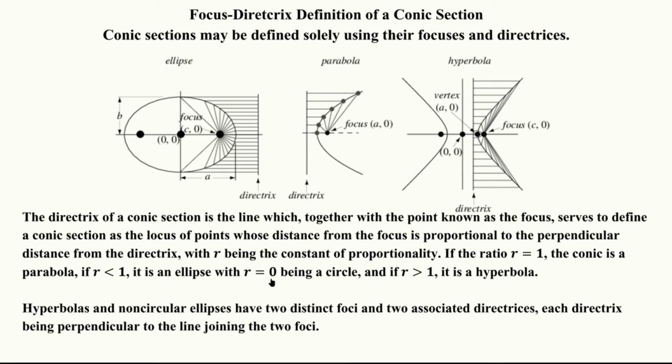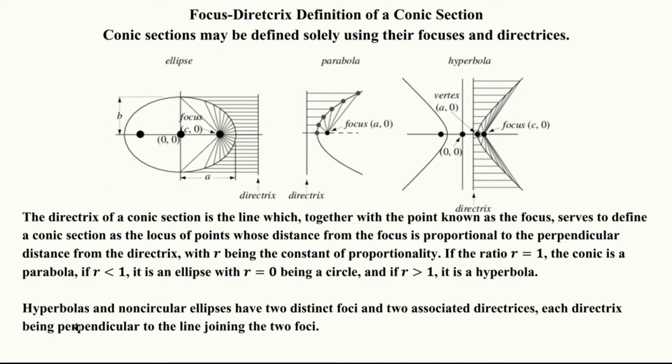For a circle, r turns out to be 0, and notice that with these, the situation is different. That distance from the focus to the point on the hyperbola is going to be larger than the perpendicular distance to the directrix. So that ratio is going to be greater than 1, and that's how you know you have a hyperbola.